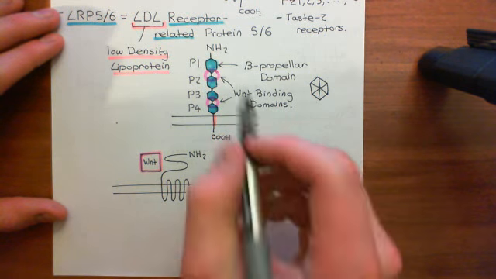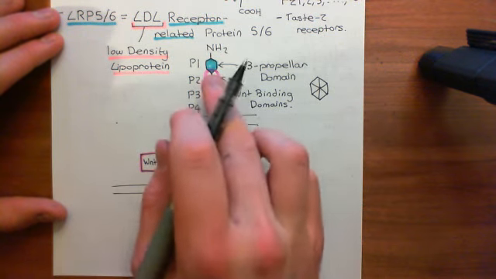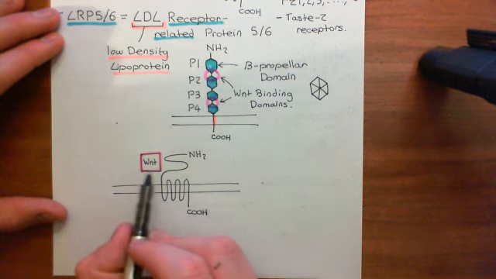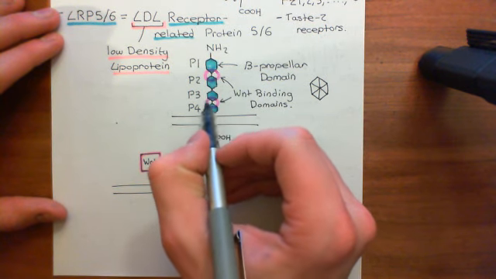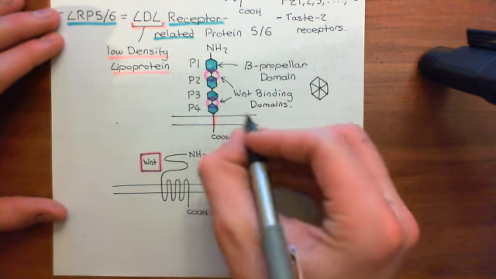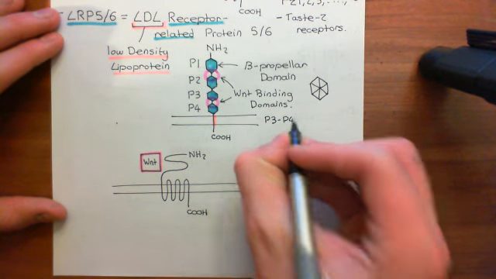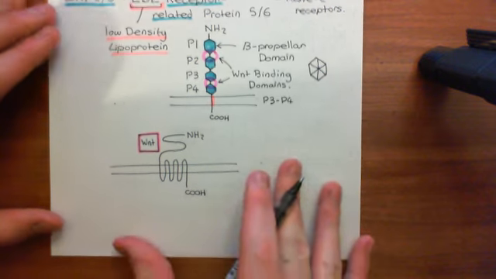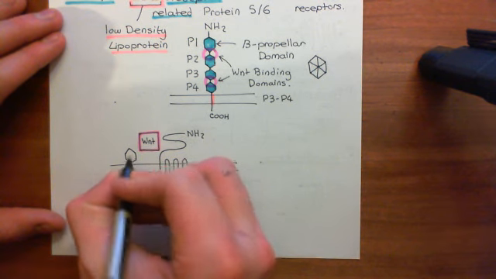Now, I don't think I'll be able to squeeze my LRP protein in so that I have this Wnt molecule binding to the P1, P2 portion here. So instead what I'm going to show is it binding to this junction between P3 and P4, because I'll actually be able to fit that in. So, here is my P4 beta propeller here, shown as this hexagon.